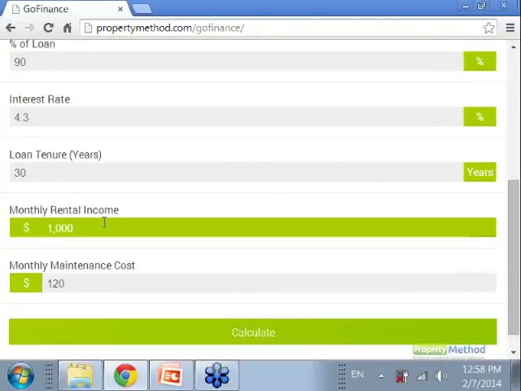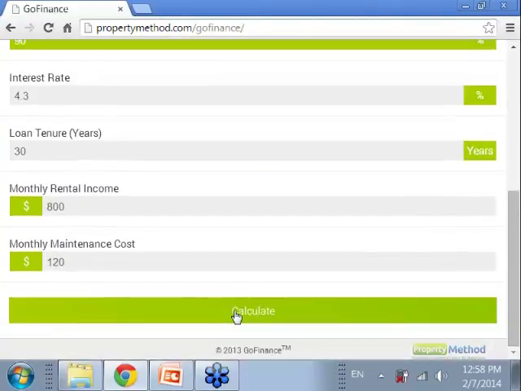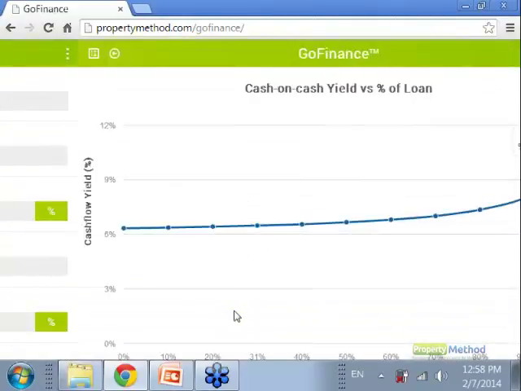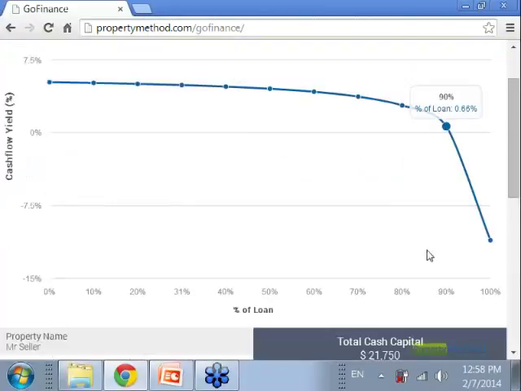So let's go back and change things and see how it will affect, for example, the rental income. Let's say we don't furnish the apartment, we just want to save the 10,000, for example. This app will give us a very quick check on the performance of the investment if we change any data on the previous page.